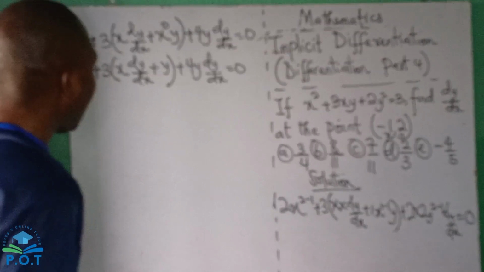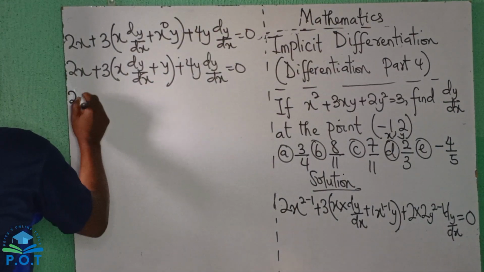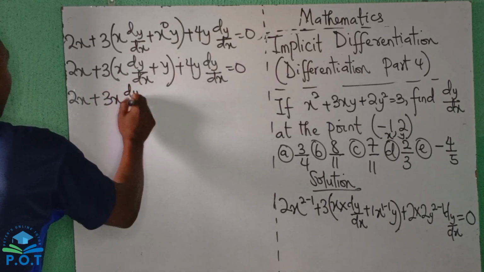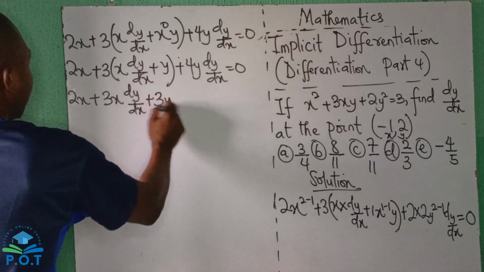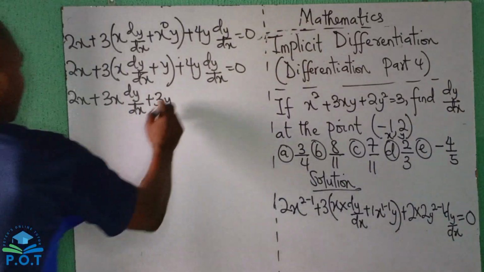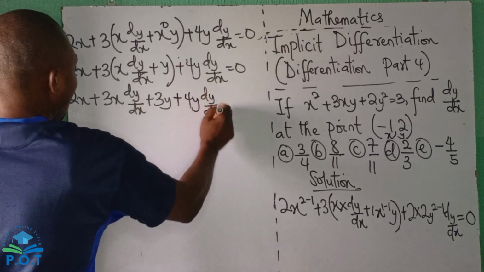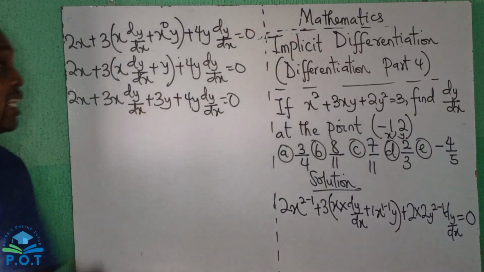Now, at this point here, I can open the brackets. So it becomes 2x plus 3 times x is 3x dy/dx plus 3 times y is 3y, then plus 4y dy/dx equals 0. Now I can collect like terms here.